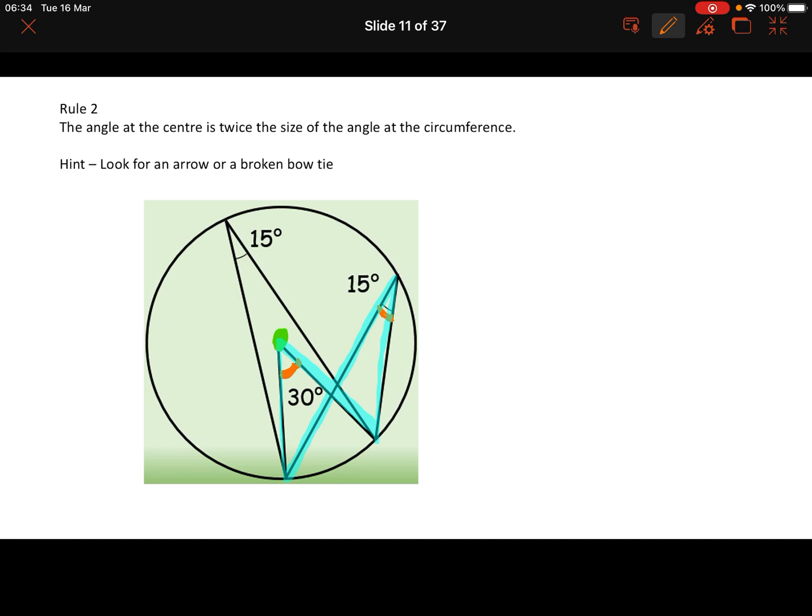You sometimes even get a crazy one where maybe you've got an angle here, okay, and then you've got an angle here. So this angle and this angle. Well, weirdly enough, that is actually also an arrow. I know it doesn't look like it.